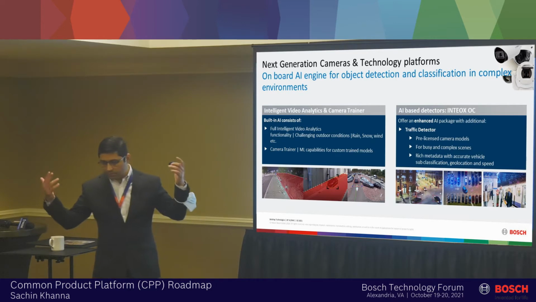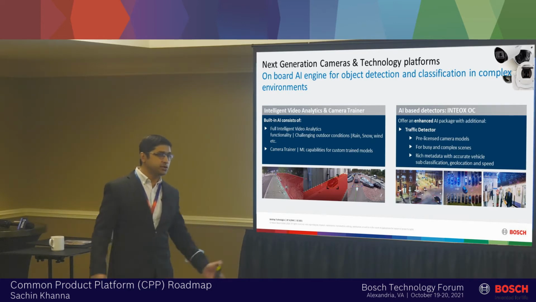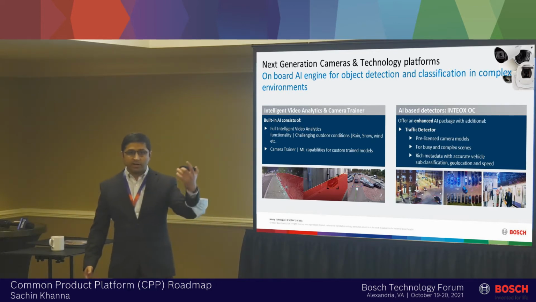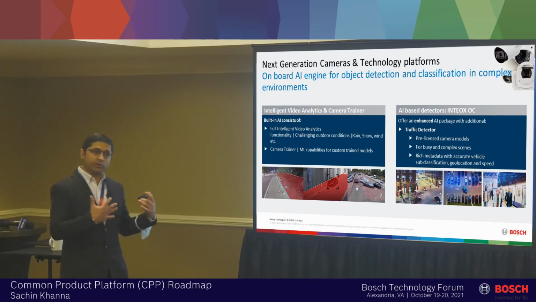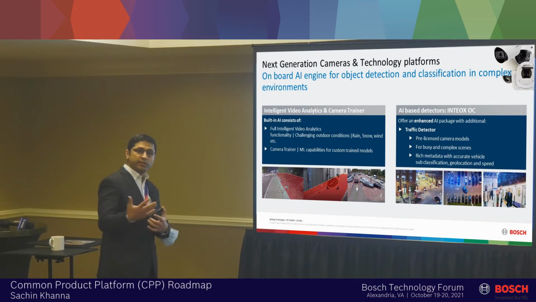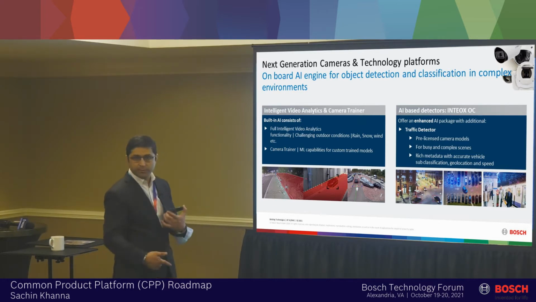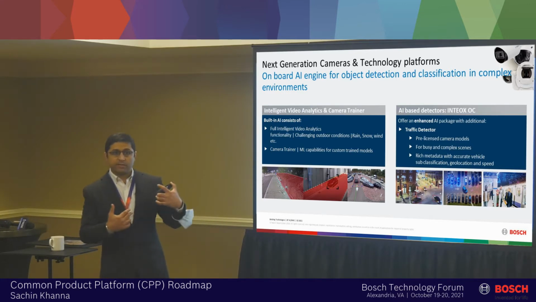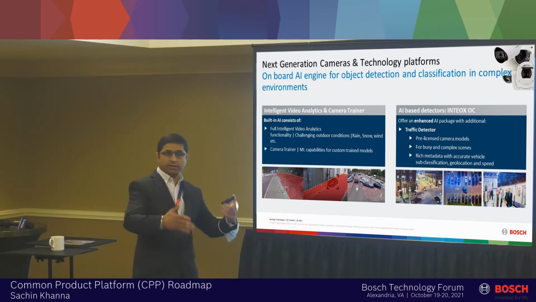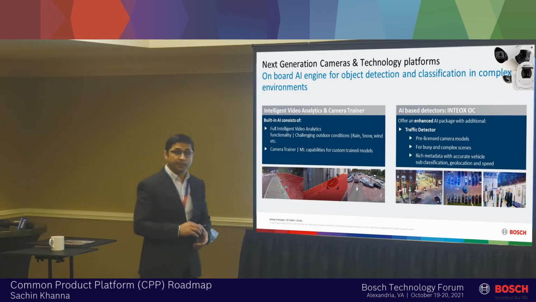Sometimes somebody wants to detect a shopping cart, or you have specific objects in your environment you want to detect. You can train this camera by yourself by showing it positive and negative examples, and the camera will learn from these examples and become a detector. Then you can create an alarm or counter, or do whatever you want with these detectors.